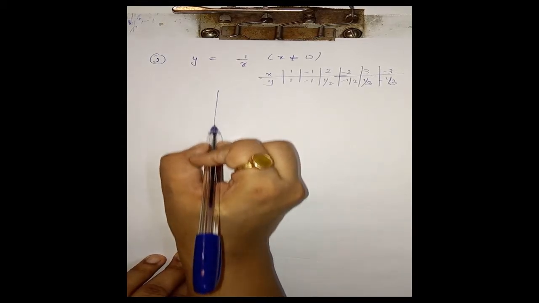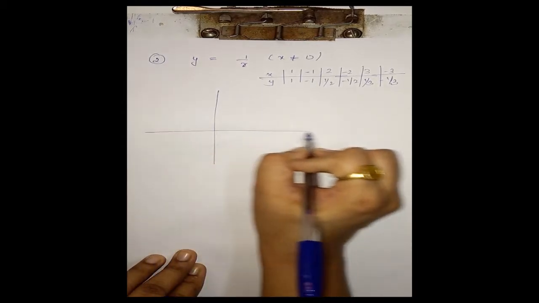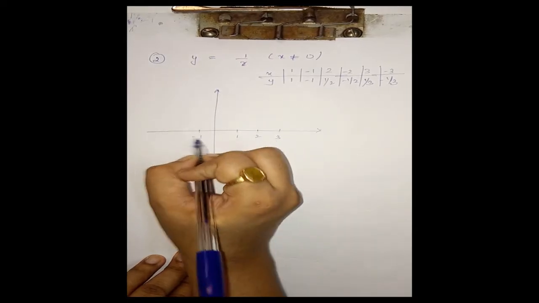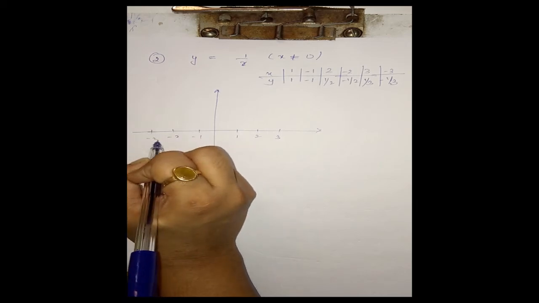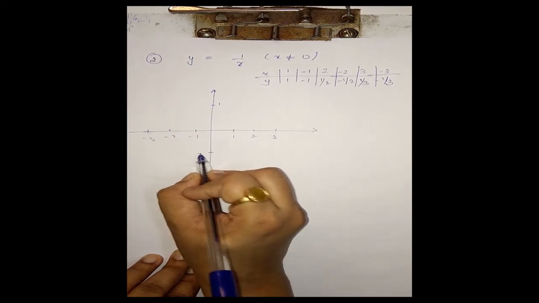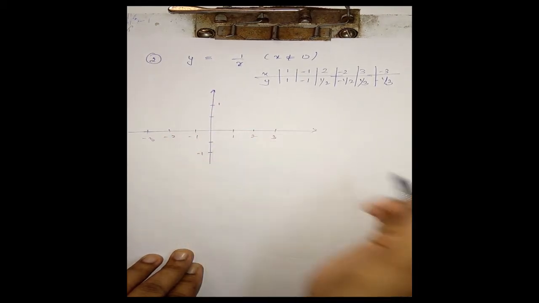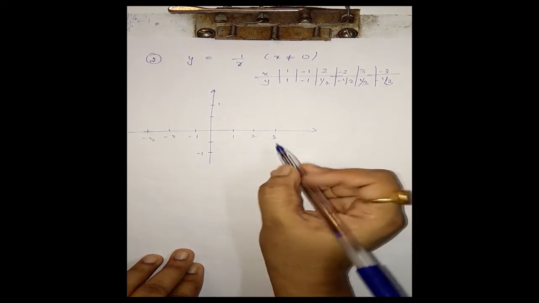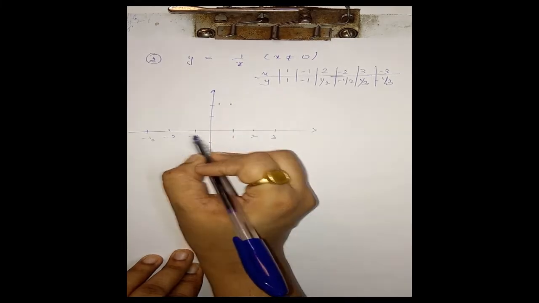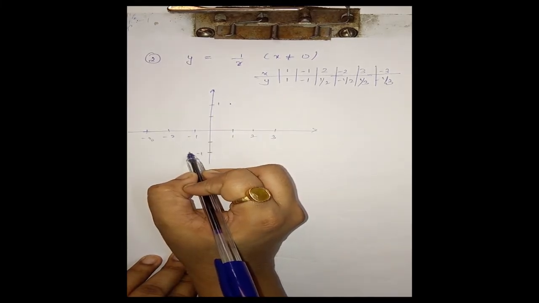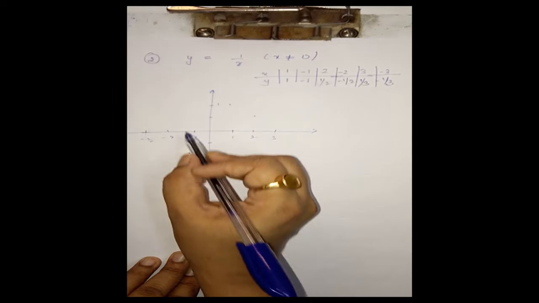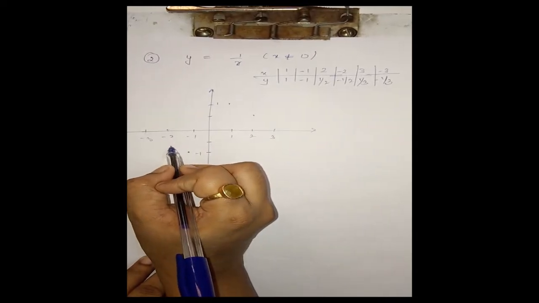When we plot the graph of this curve, let these be 1, 2, 3, minus 1, minus 2, minus 3, and this is 1, minus 1, 1 by 2, minus 1 by 2 here. At 1 it is 1, at minus 1 it is minus 1, at 2 it is 1 by 2, and at minus 2 it is minus 1 by 2.